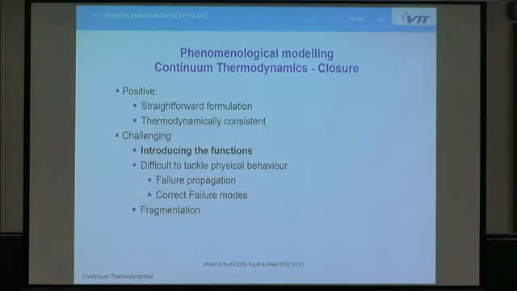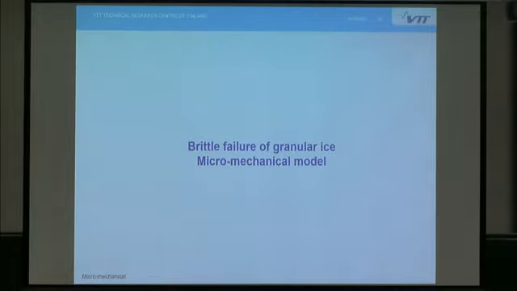Another issue when we're discussing the continuum approach is fragmentation. How you could do that. That's one issue. So another approach which can be applied is a kind of micromechanical approach or multi-scale approach.